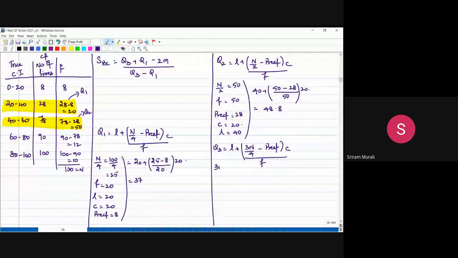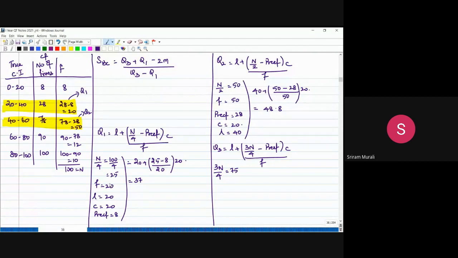So this is pre-CF divided by F into C. Now first compute 3n by 4. 3 into n by 4, 3 into 25, that is 75.